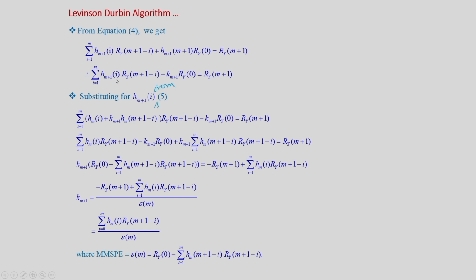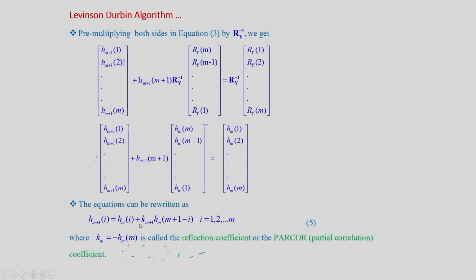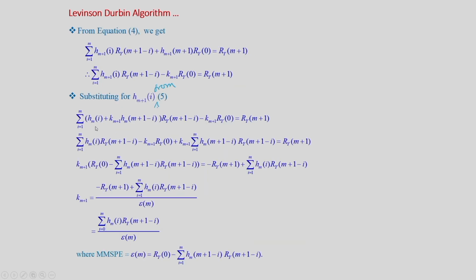Substituting for h_{m+1}(i) from 5, we have already equation 5, that is the recursive relationship. So, we can write summation of h_m(i) plus k_{m+1} into h_m(m+1-i) into r_y(m+1-i) going from 1 to m, minus k_{m+1} into r_y(0), that must be equal to r_y(m+1).